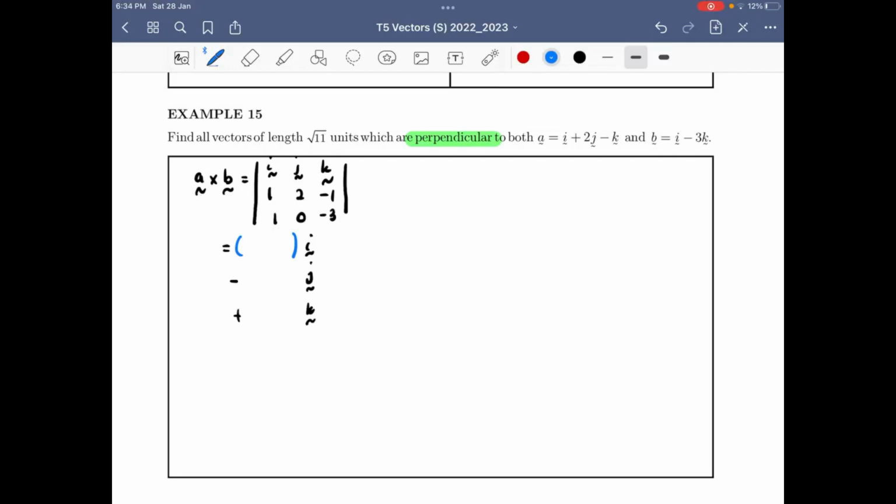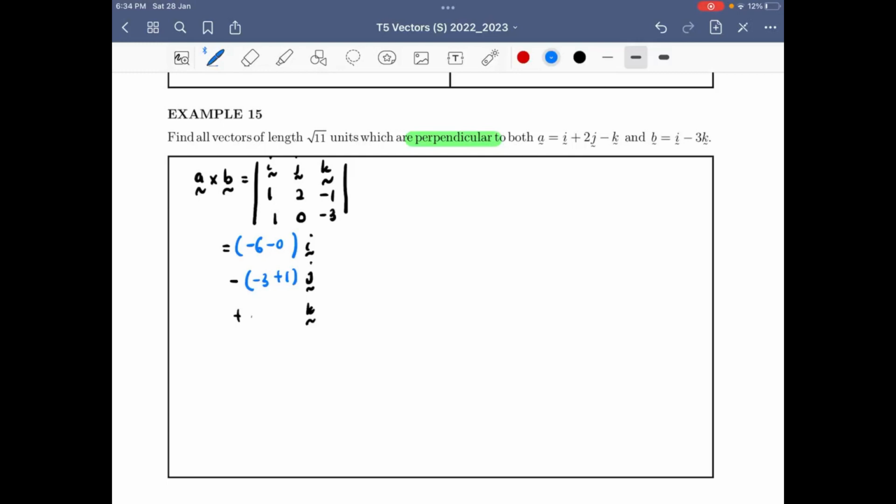Now you close the i part, you get negative 6, right? Negative 6 minus 0, negative 6 only. And then if you close the j part, you get negative 3 plus 1. Okay, right, negative 3 plus 1.